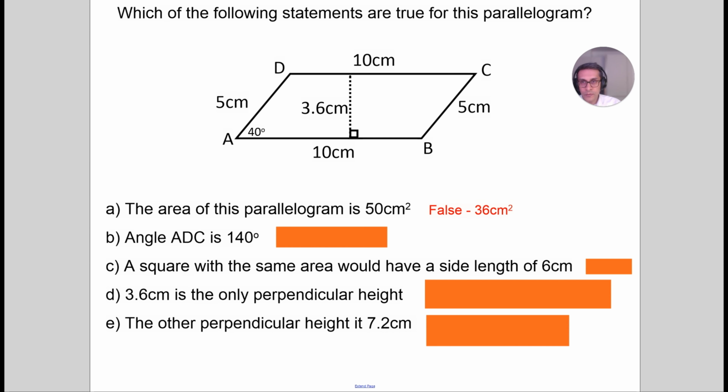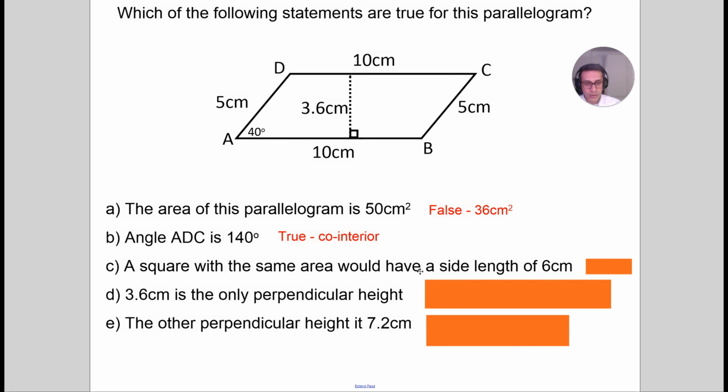Angle ADC is 140. Well, we know that this is 40 here. ADC is this angle here. Now, because these are parallel, we can treat this as a transversal, and then these two essentially are co-interior angles. Now they're going to add up to 180, so 40 plus 140 does equal 180, so this is going to be true.